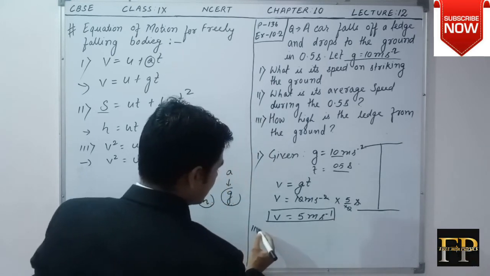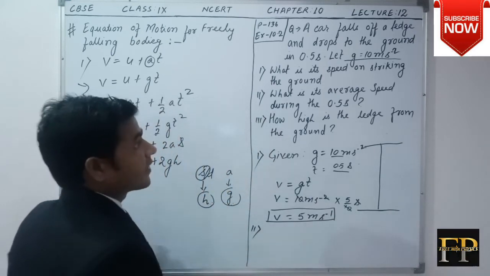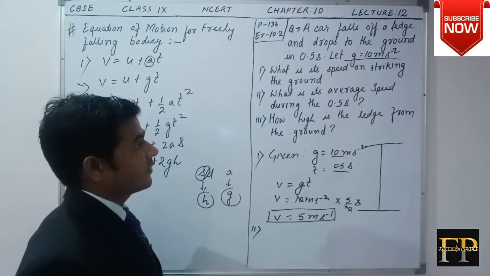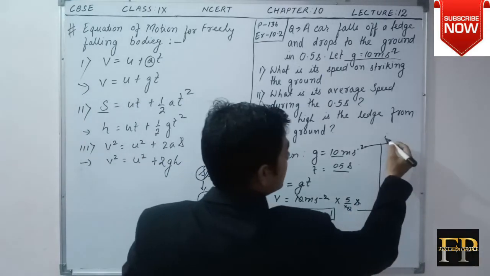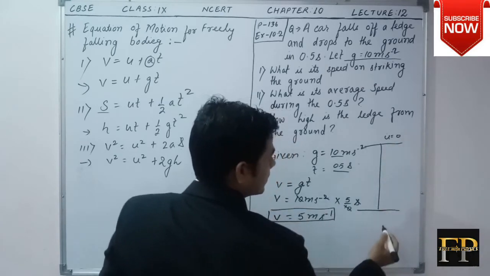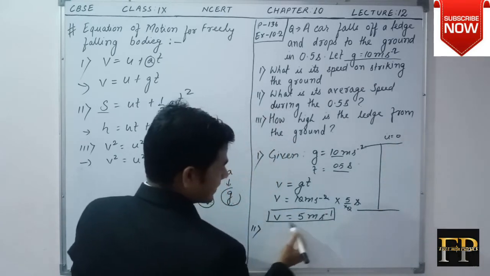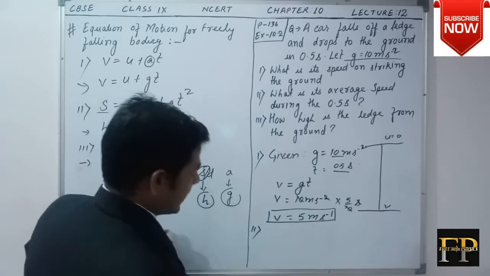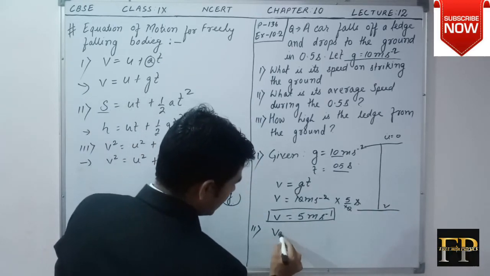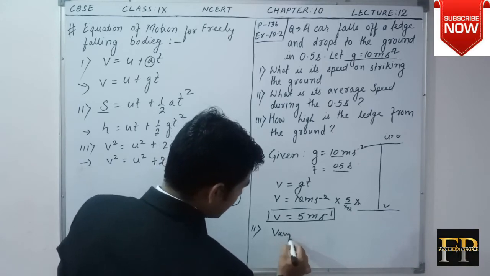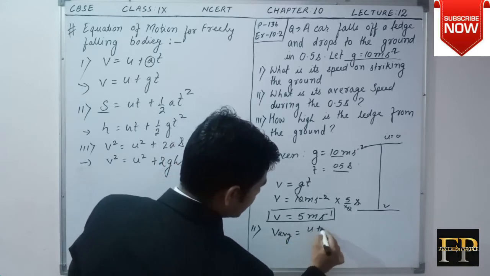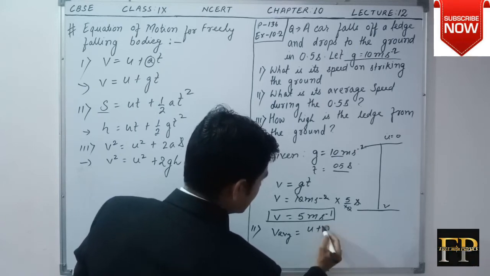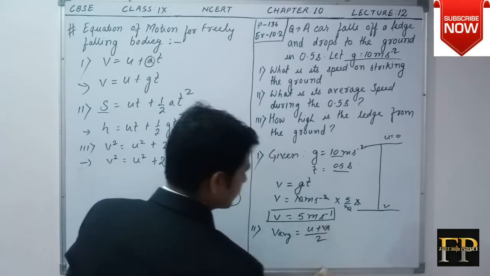Now we will deal with the second question. We have to find the average speed during the free fall. We know that the initial velocity is 0 and the final velocity is 5 meters per second. So the average velocity v average = (final velocity + initial velocity) by 2.